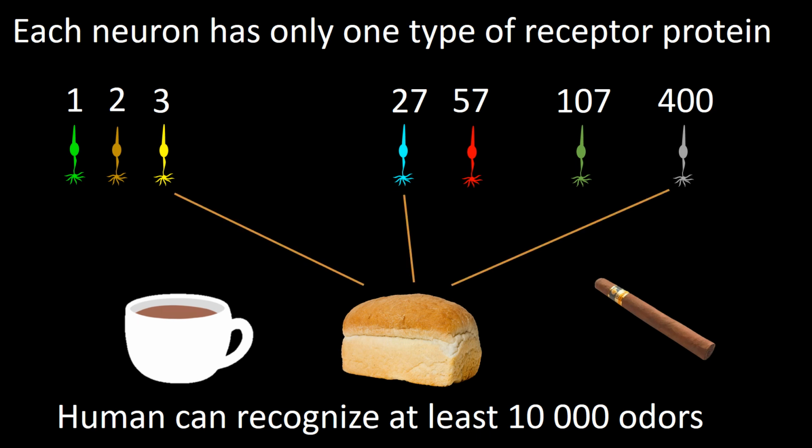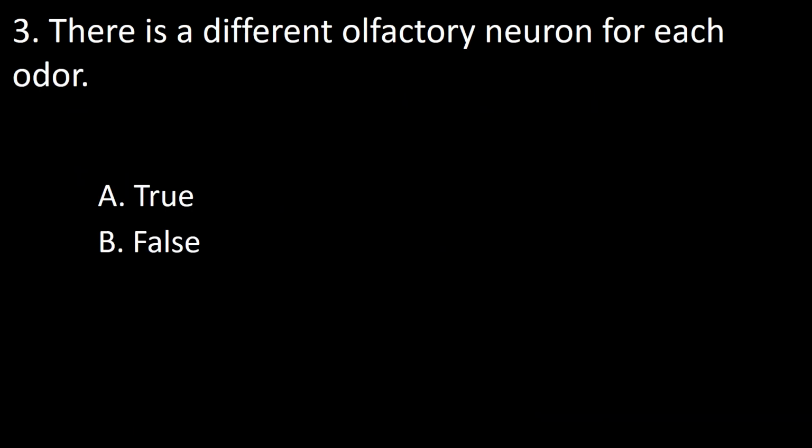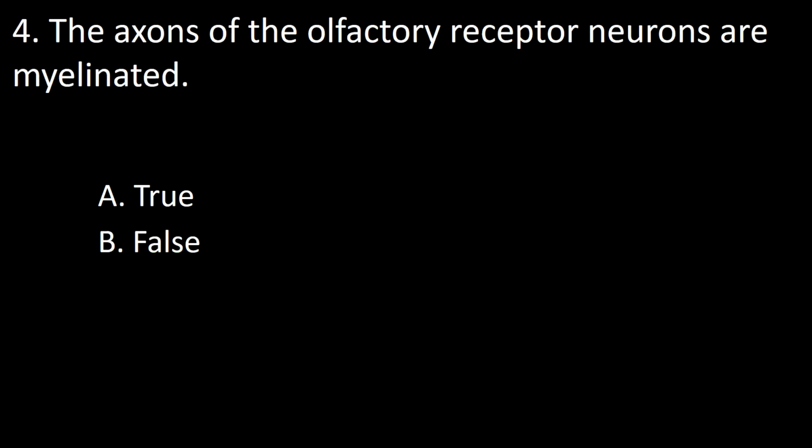The same sensory neurons with a single variation can, for example, detect the odor of bread, and some of the same neurons with a few additional ones may be stimulated by cigar odor. So the answer to this question is B.